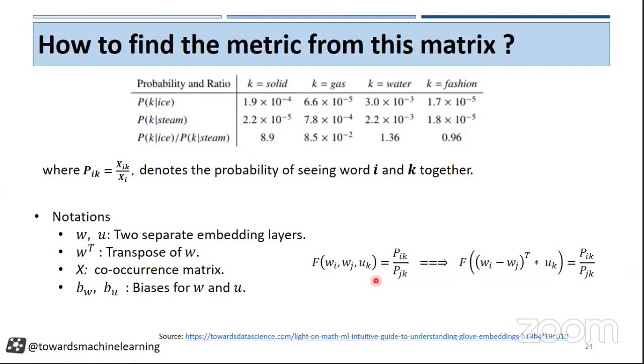Because the input for our f is vectors with some n dimension, but the output should be a scalar quantity. Can you suggest what kind of function we can use here? Any idea? You can share it in the chat window.